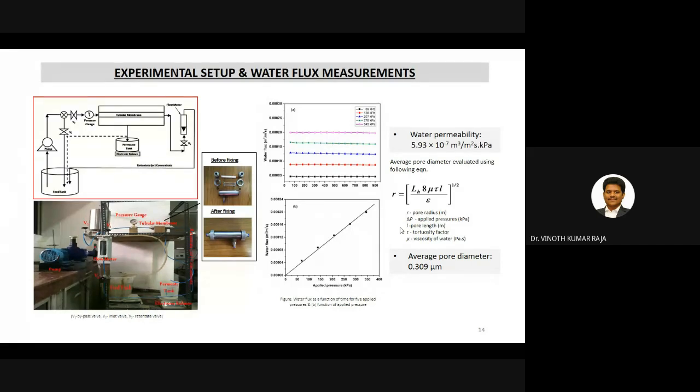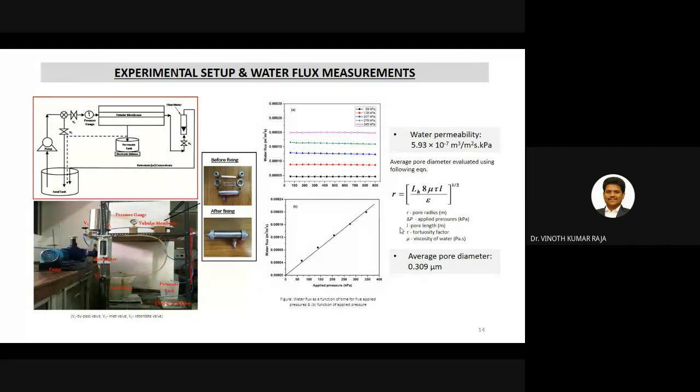Using this expression, we identified the average pore size of the membrane as 0.309 micrometer, which is a microfiltration membrane. The microfiltration membrane pore size ranges from 0.1 to 10 micrometer.